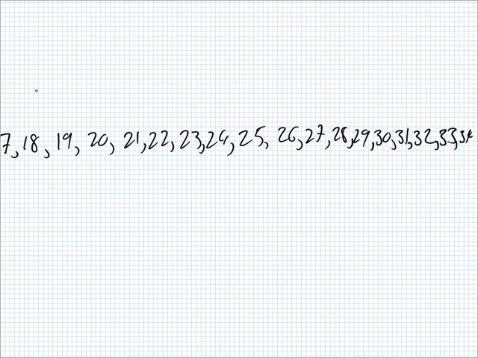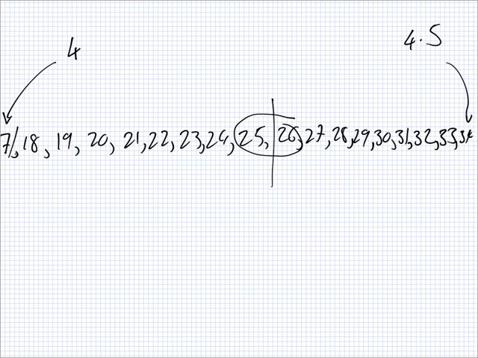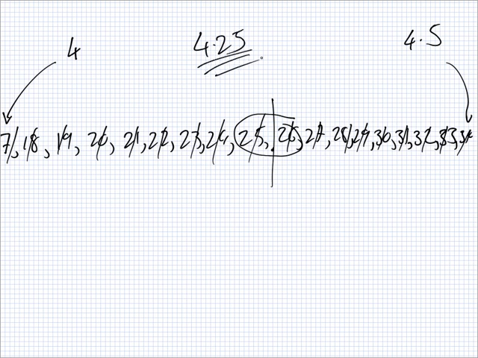Okay, and if it's between 4 and 4.5, we think this one here might be a 4, and this last one here might be a 4.5. Is that exactly in the middle? 1, 2, 3, 4, 5, 6, 7, 8, 9. Ah, it's bang in the middle. So 4.25 would be an excellent estimate for the median.